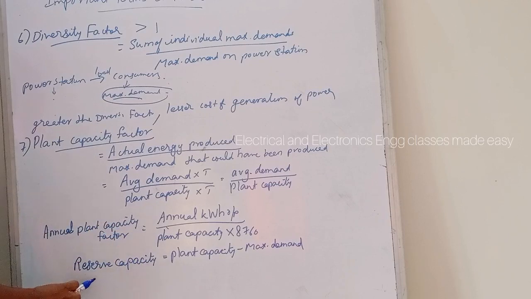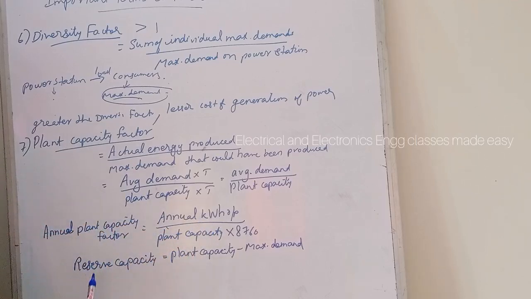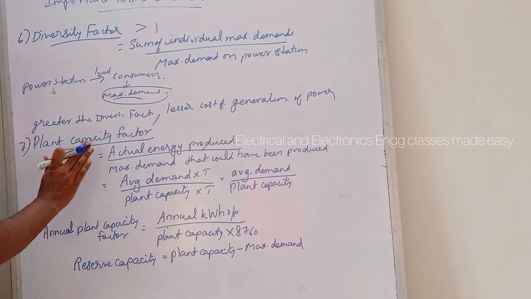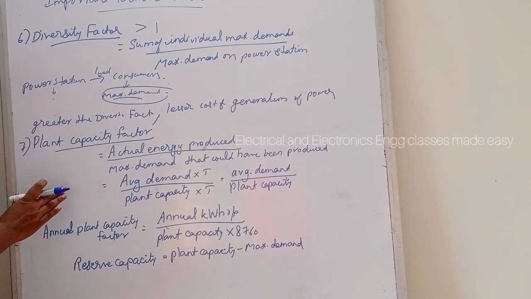In such a case, the plant will have no reserve capacity because maximum demand is equal to the planned capacity. So that is about the plant capacity factor.